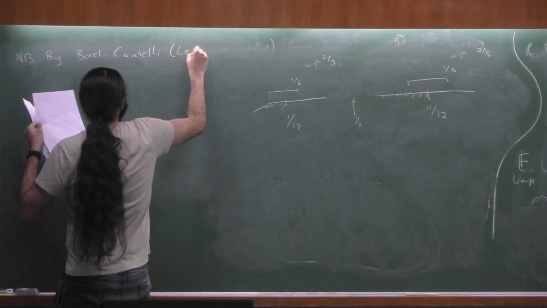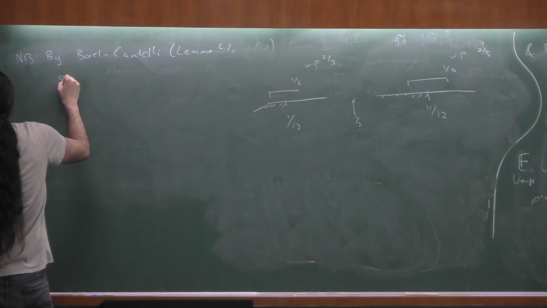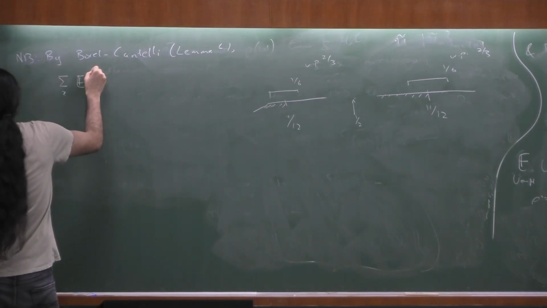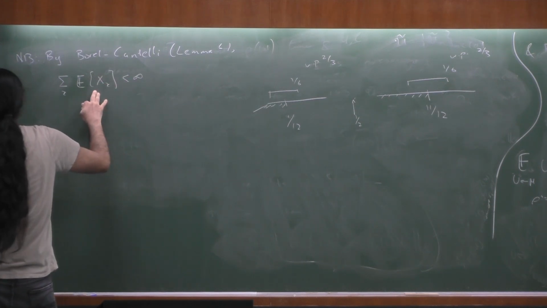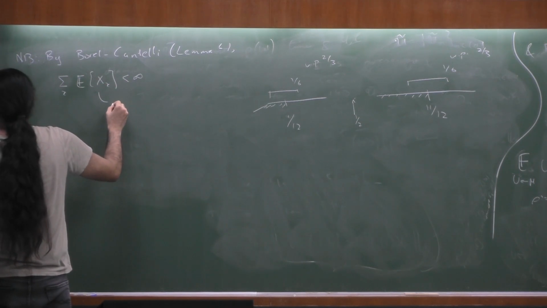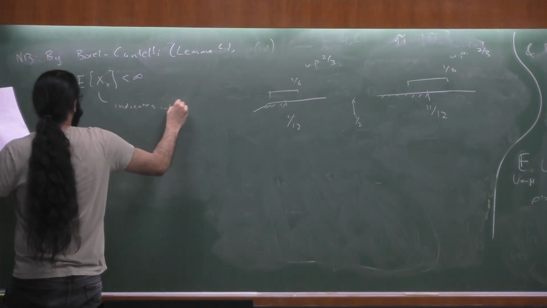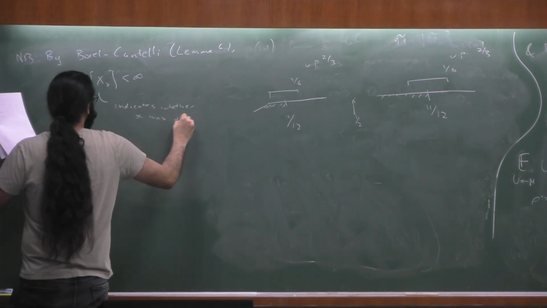This is lemma 6. It says that the sum over x, you can think of x as an indicator function, which indicates whether x was decided correctly by A or not.